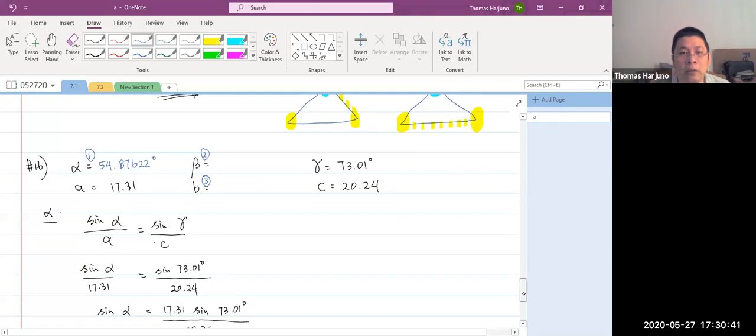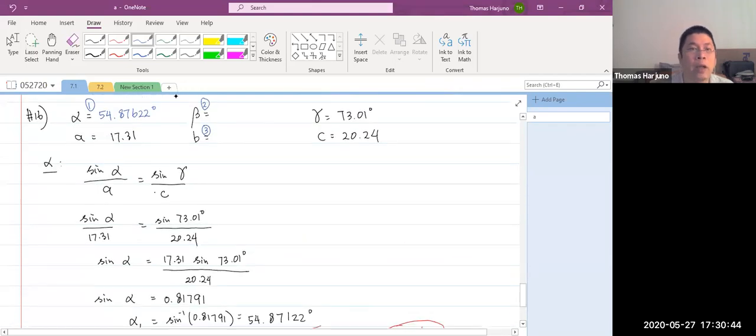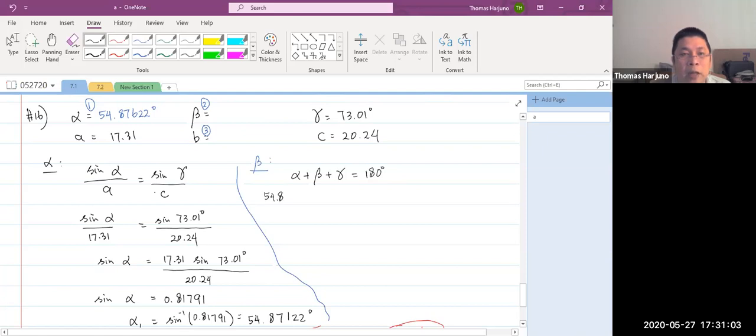Now then, continuing from there, we'll find angle beta, right? But I think you can find angle beta yourself. Alpha plus beta plus gamma equals 180 degrees, right? So it's 54.87622 degrees plus beta plus 73.01 degrees is 180 degrees.